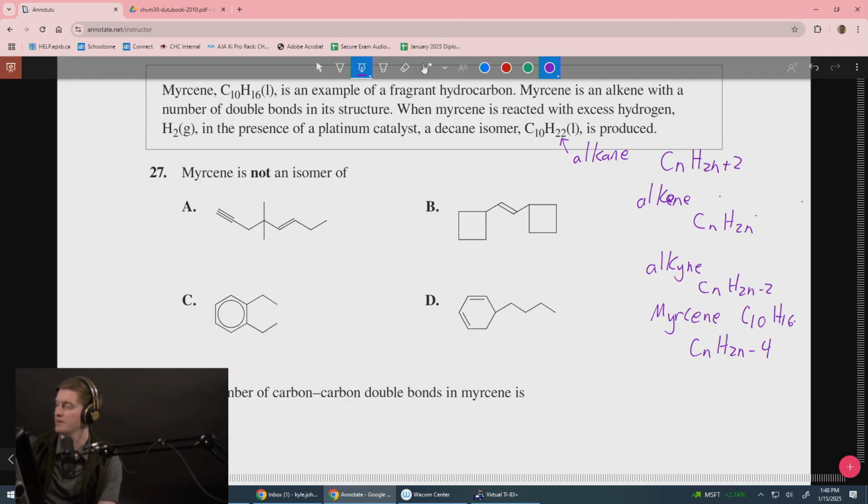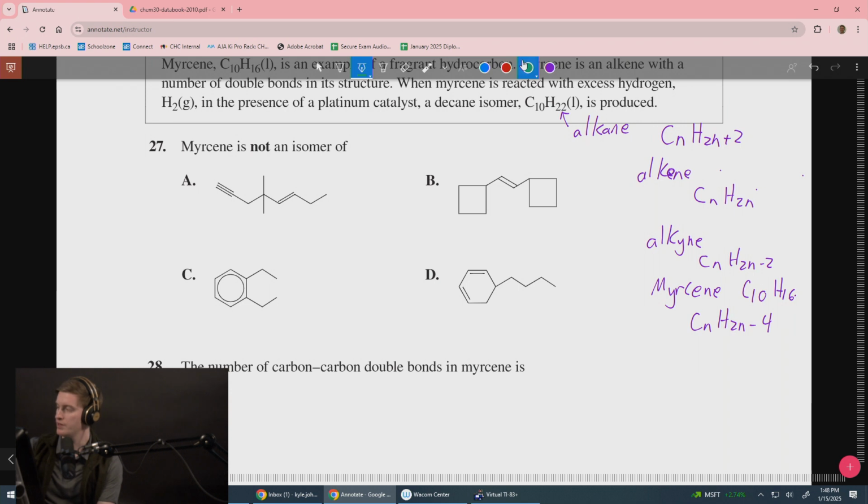Remember, an alkene compared to an alkane, you lose out on 2 hydrogens because you have a double bond. An alkyne, you lose out on 4 hydrogens because you have a triple bond. Myrcene, you're losing out on 6 hydrogens. So here we have 6 fewer hydrogens than the decane.